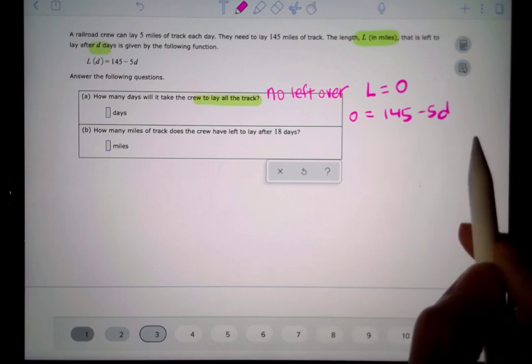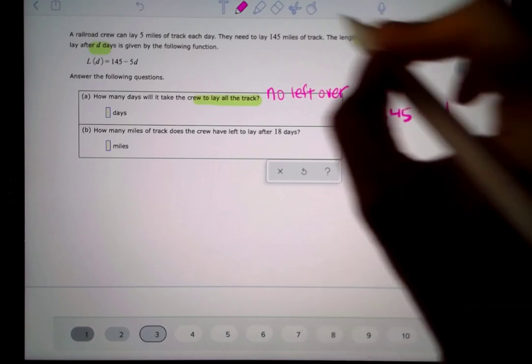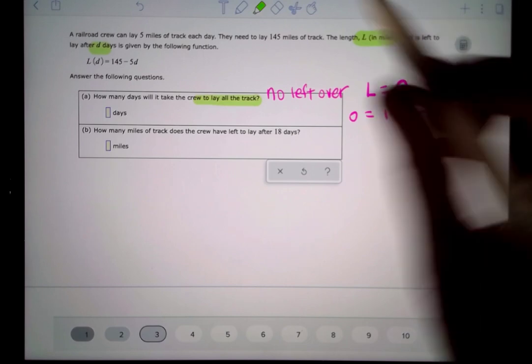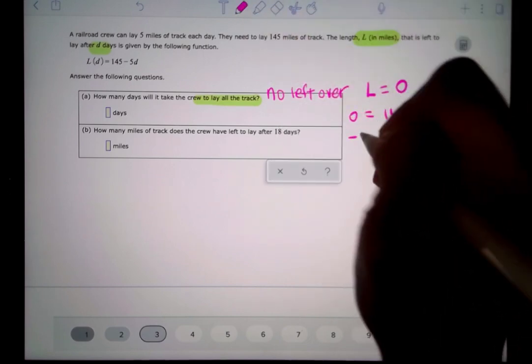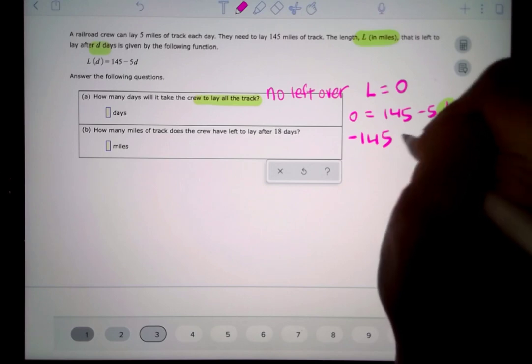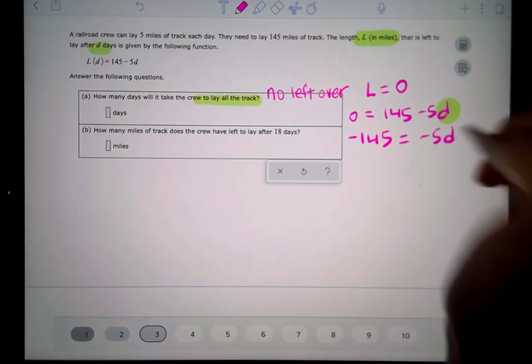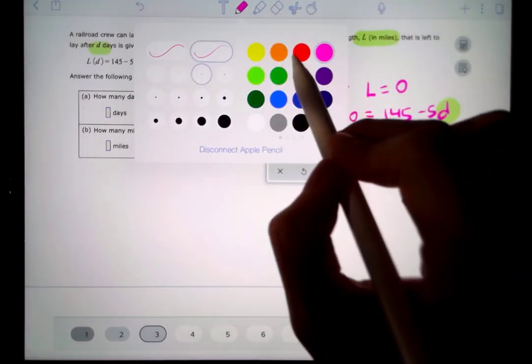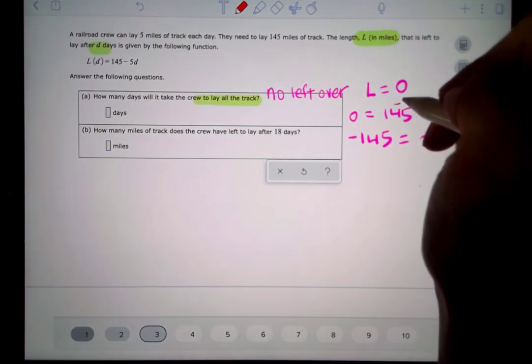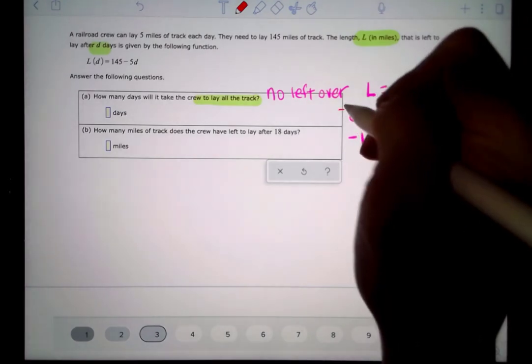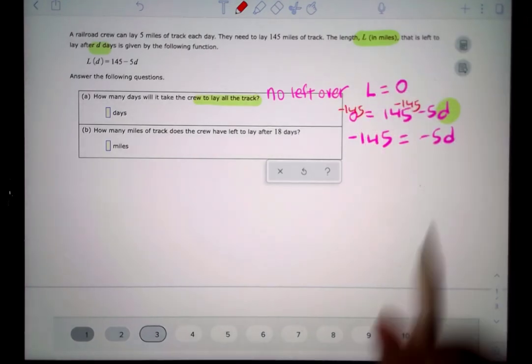And then same thing. We solve for D, right? I don't know what D is. So, let's do it. Then you get negative 145 equals negative 5D, because I did minus 145 on both sides. Okay, so you got this one.